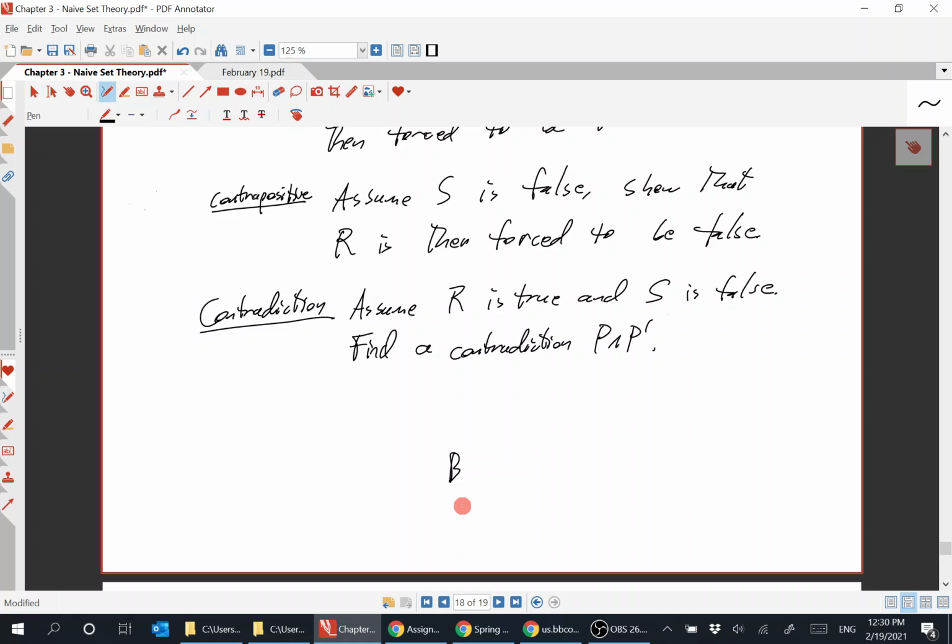Assume B is the biggest number there is. What's wrong with that? What's the contradiction?